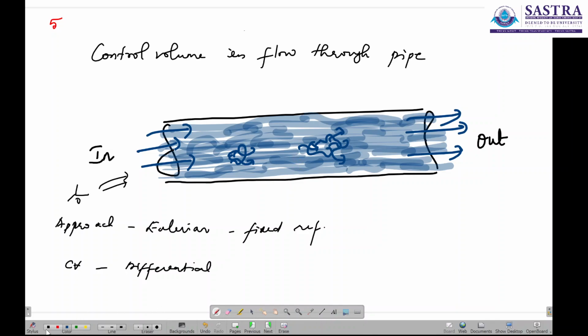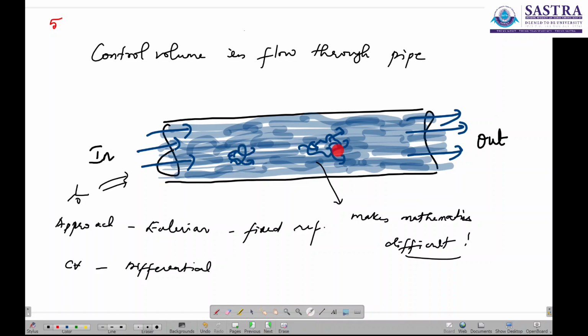This arbitrary choice of control volume makes the mathematics difficult for us to handle, right? It is not that it is conceptually incorrect. In principle, we can have any differentially small region of space within the system taken as a control volume, as long as the continuum hypothesis is valid.